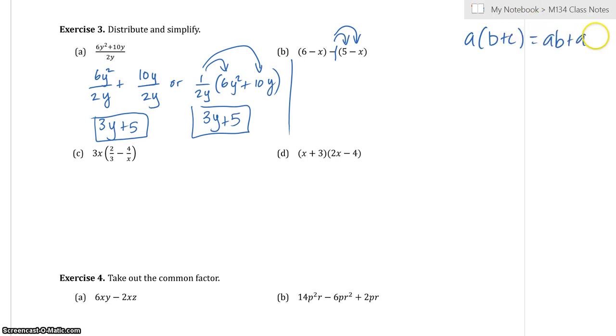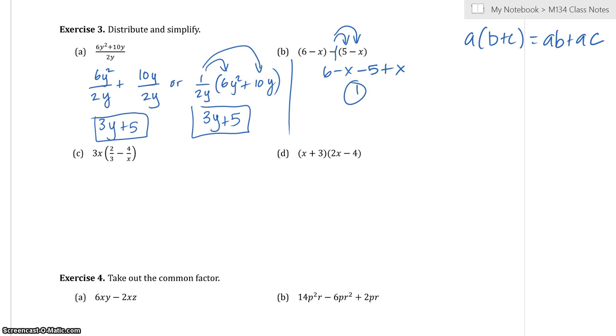AB plus AC, right? You have to have a multiplication here, and this is a subtraction. So you only distribute that 1. So it would be 6 minus x minus 5 plus x, because -1 times -x is plus x. And then the x's cancel, and you get a 1.